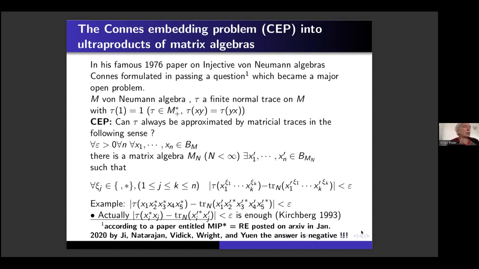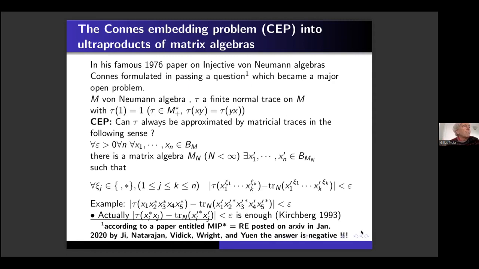Incidentally, the connection with quantum information theory goes through a reformulation of the Connes embedding problem in terms of something called the Tsirelson problem. But the Tsirelson problem can be related, and this has been done by workers in the field, to the Kirchberg formulation. So I will present the Kirchberg formulation in a minute, and ignore for these talks the Tsirelson formulation, but it's closely connected.